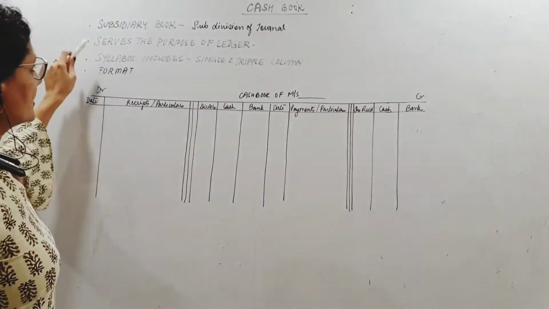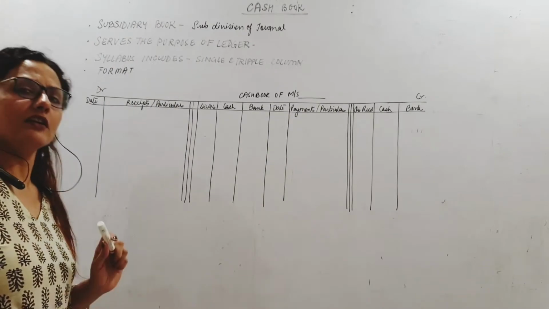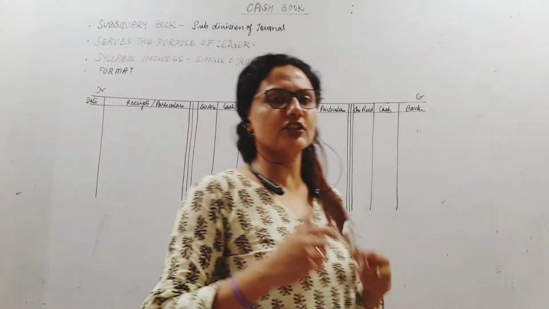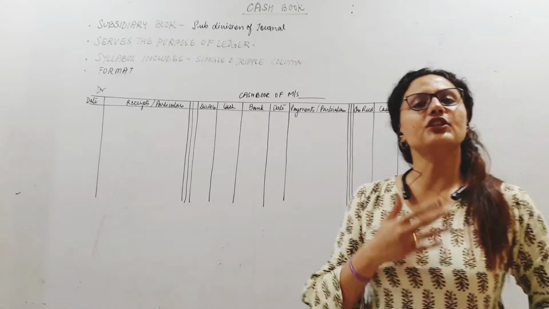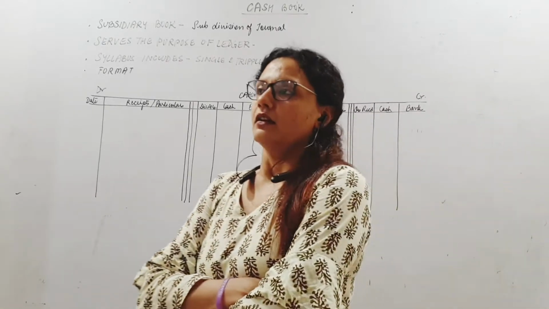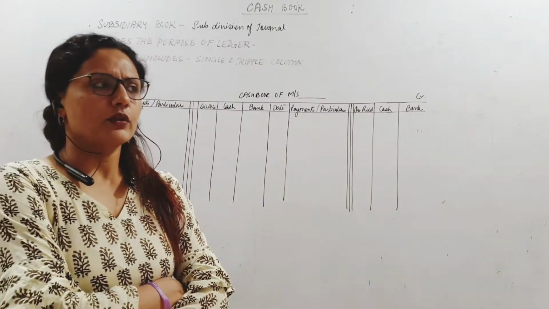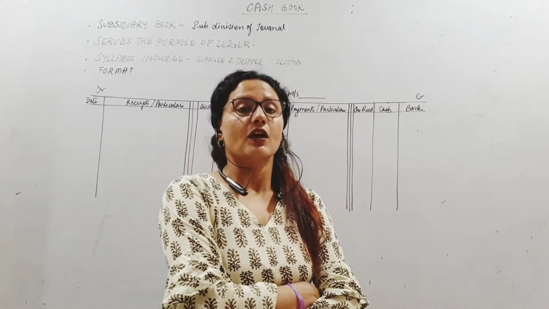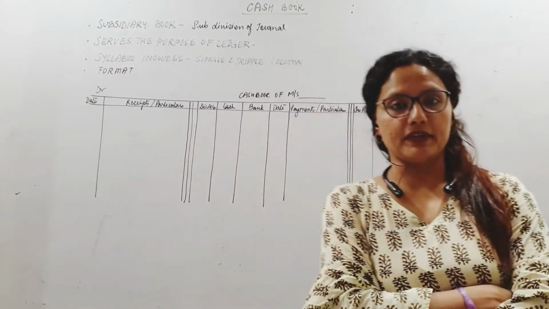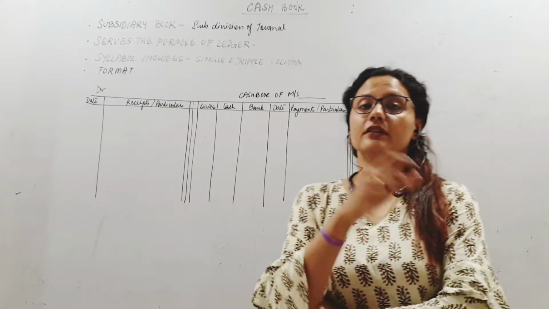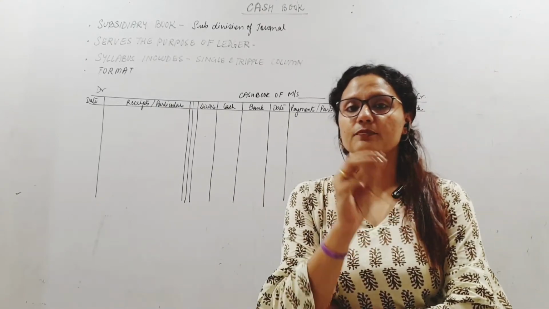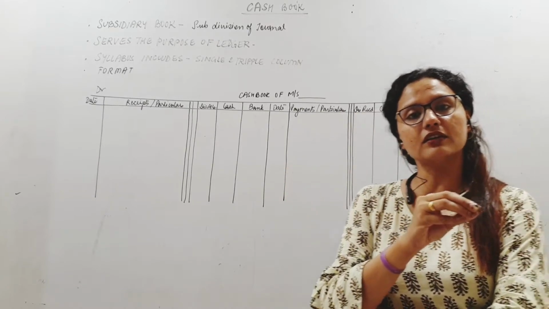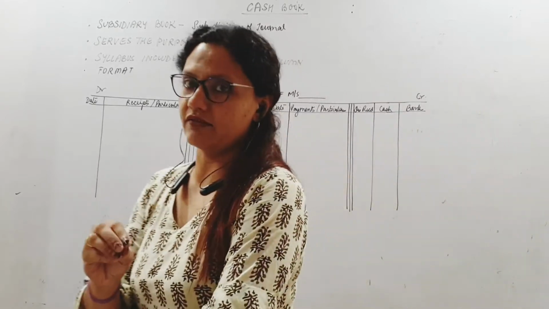Now this also serves the purpose of a ledger. Ledger we have done, the accounts, right? What information does a ledger account give me? What is the opening balance? What was the closing balance? What transactions happened during a particular period relevant to that particular account? Be it cash, be it sales, be it furniture, be it salaries, whatever.